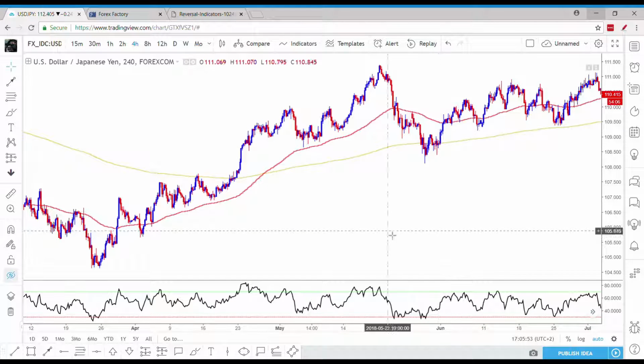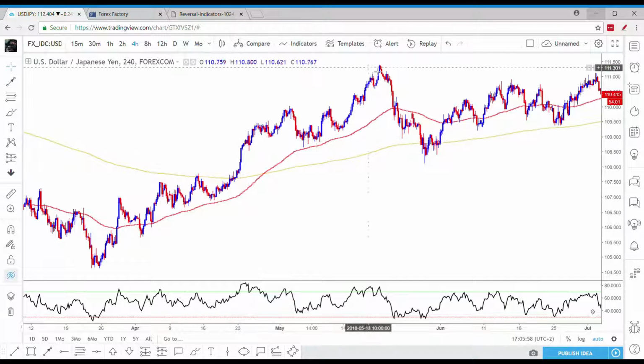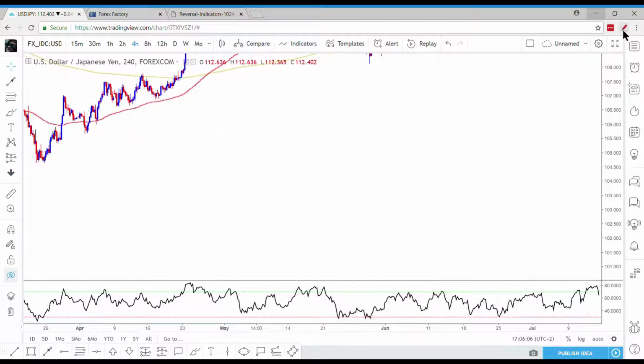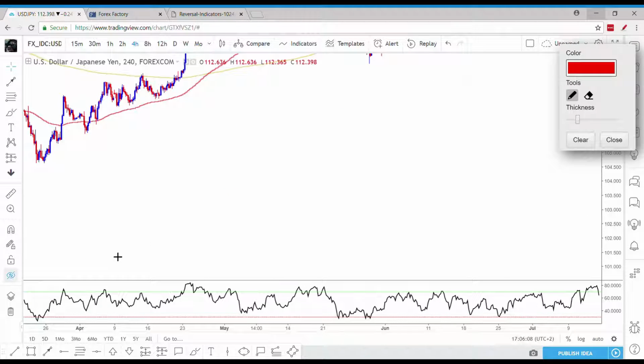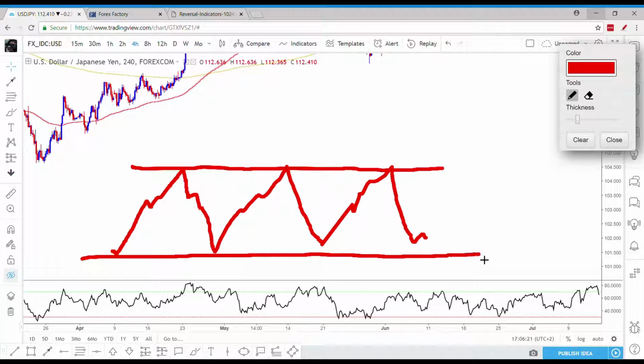Okay, yes. However, let's look at this. Totally overbought. What did it do? Just continue to rise. Okay, so RSI overbought and oversold works in ranges. So let's imagine we've got a price going something like this. And it's basically ranging, with your resistance here and support. Well, here the RSI will be really interesting to see if it is in overbought or oversold.